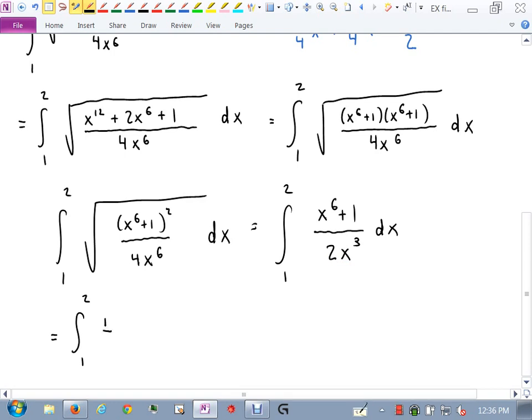Can I put 1/2 x cubed? And then 1 over 2x cubed would be plus half x to the, I'm going to prepare it for the power rule, so I'm going to bring that up. That's it. At that point, dot, dot, dot.